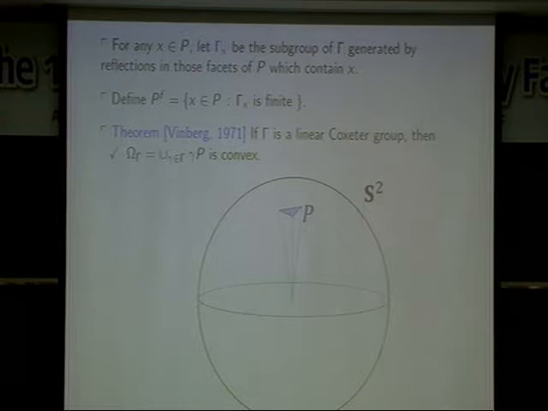Okay? So this is P. And then we apply one reflection, this one, and another one, and continue. And this set, omega_gamma, is convex.